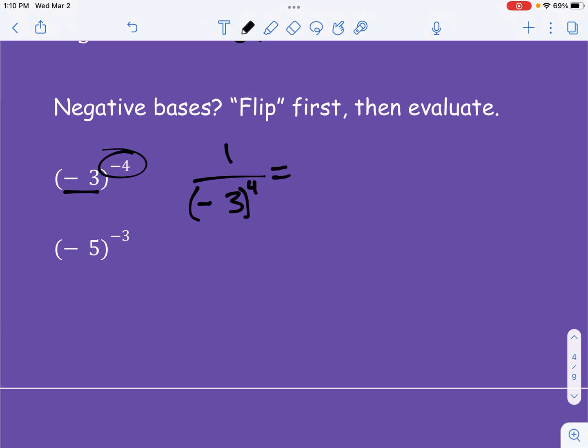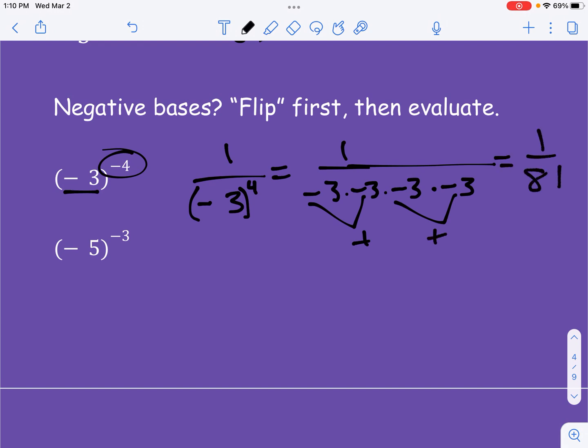So what this means now is 1 over negative 3 times negative 3 times negative 3 times negative 3. I know 3 to the 4th is 81, but I also know that negative times negative is positive, and then you got 2 more, and that makes positive, and then all your negatives are used up, so you have 1 over 81. And a good rule of thumb is, well, actually, let's do this next one, and then I'll explain it, because it'll have some context then.